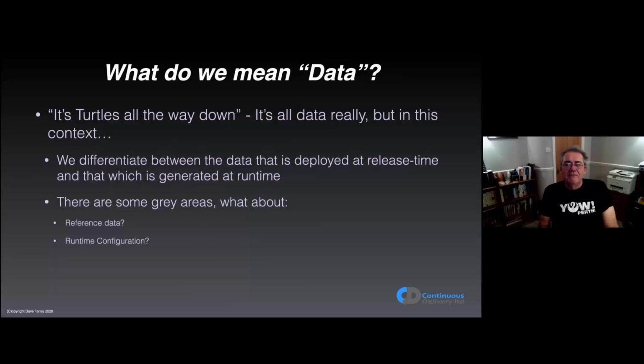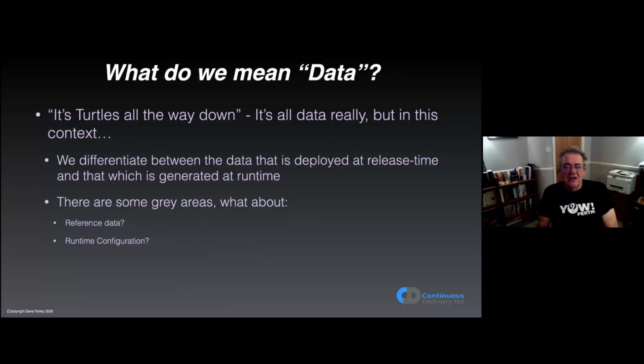It's kind of all data really, but in this context, what we're thinking about is there's a difference between the data that is deployed at release time and that is generated through the action of the system, the transactional state that we generate during the function of our systems. And we need to think about both of those cases.